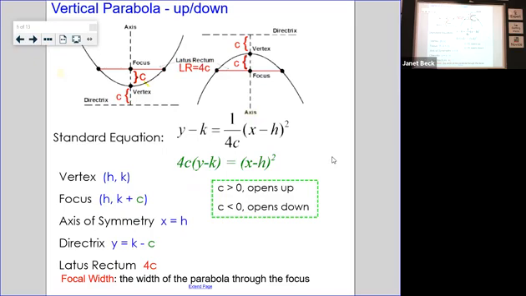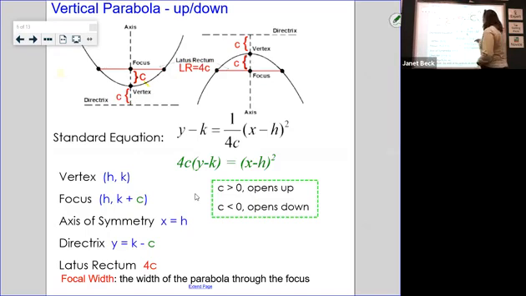Okay. Now, how do you know whether the coefficient you've been given is 1 over 4C or whether it's just plain old 4C? Sometimes you can't just say it's a fraction, because sometimes C itself is a fraction, and this will look like a fraction. You need to know whether you've been given 1 over 4C or just plain old 4C.